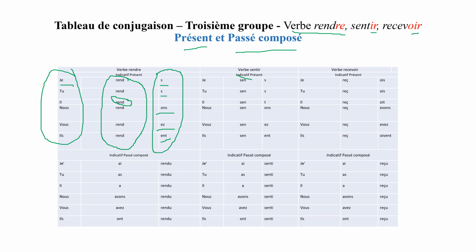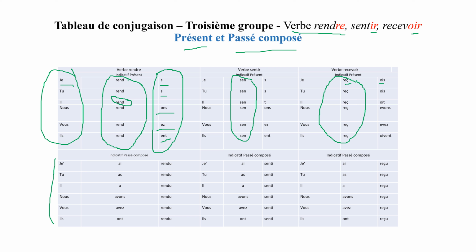And it follows the same for the verb sentir and here for the verb recevoir. Keep in mind there is a Ç here because it follows the O. You want to put the Ç so you have the sound of S.